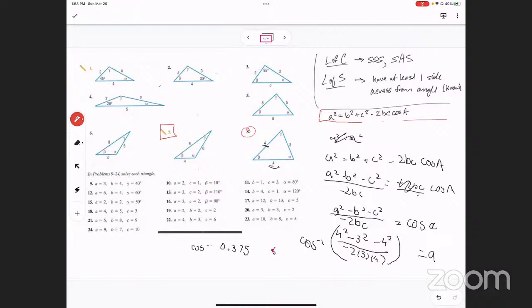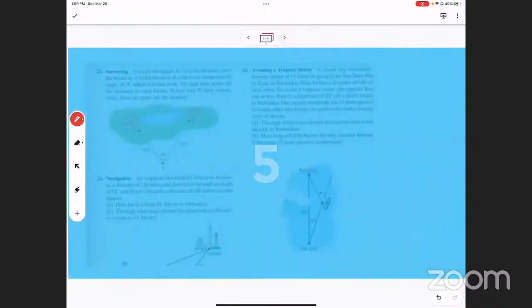So 68 degrees. Okay, these two are both 68 degrees. And what would the other angle be? That's 44. Good.